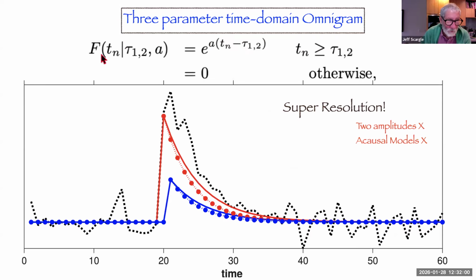This is now a basis function, I used F, but it's a time-dependent model with 3 parameters: an amplitude, and there are 2 different components, so to speak, with 2 different decay constants. So these are the famous FREDs, fast rise exponential decays, or in this case, instantaneous rise and exponential decay.